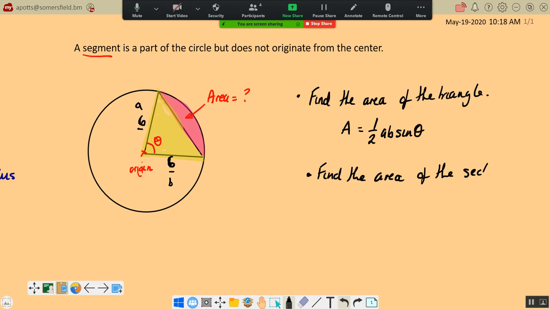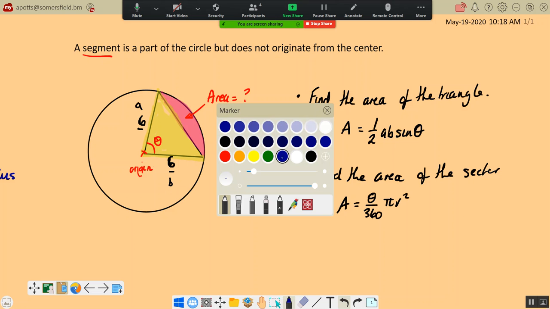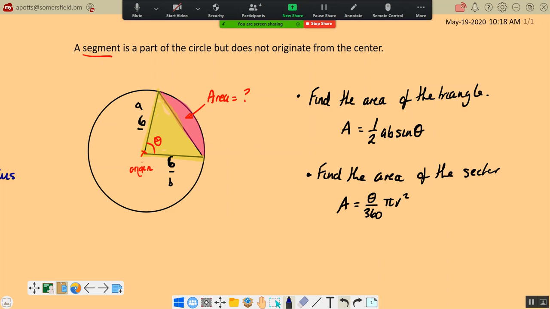The area of the sector is theta over 360 multiplied by pi r squared. And then what would we do with those 2 values once we'd worked them out to leave us with just the area of the segment?